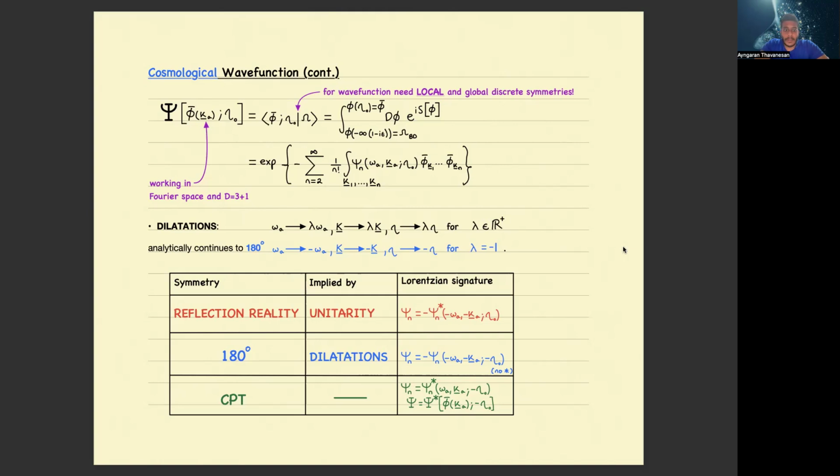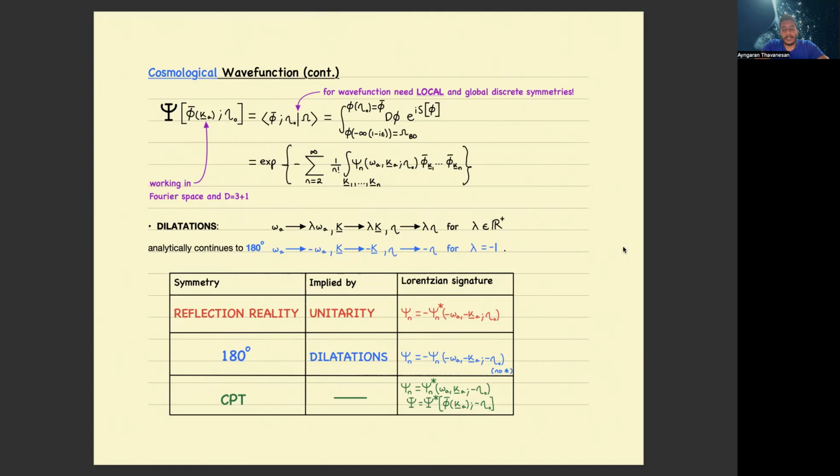And CPT is a particularly interesting discrete symmetry, which also holds at the level of the full wave function. We can write it in this particular form where the wave function is related to its complex conjugate with the time flipped.